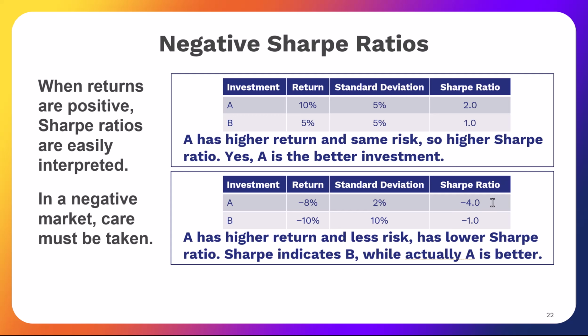Because of that, it has a lower Sharpe ratio. It's -4 compared to -1. So when we're looking at negative Sharpe ratios, we really do need to be concerned and take that into account. Maybe we want to look at some other ratios, maybe the Treynor index or the Jensen alpha in those instances, just to help us understand the relative positions of these investments and their performance.